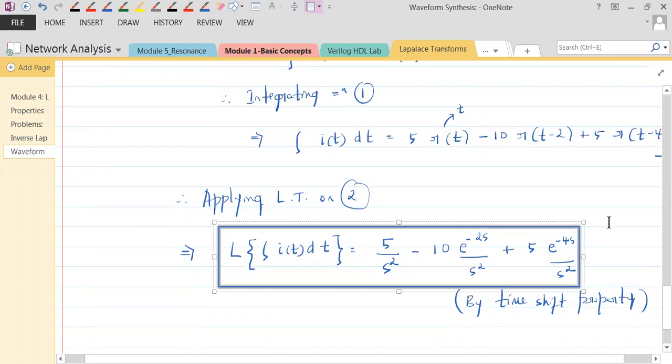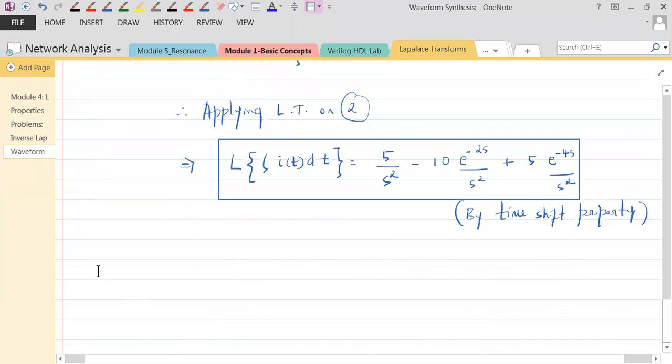Fine. Fast, let's take another problem. Everybody take this problem number 2. Express the Sawtooth waveform in terms of singularity functions.